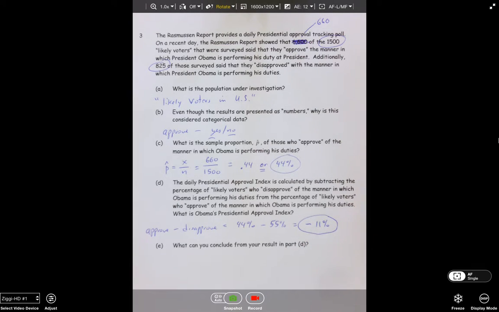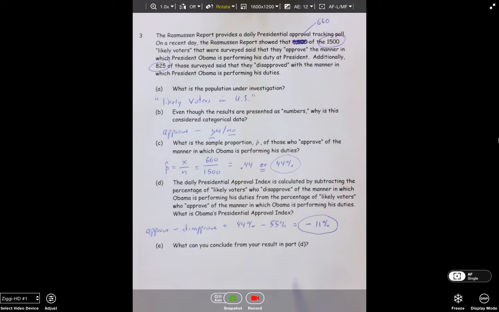So Obama's presidential approval index is negative, which means that a higher percentage of people disapprove than approve.